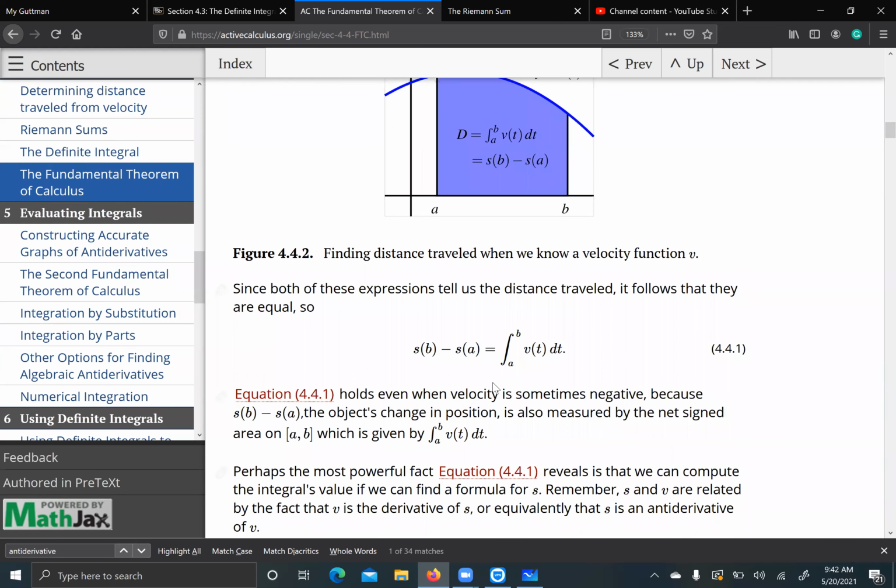And so maybe I draw what I mean. Look, suppose you have a position function.